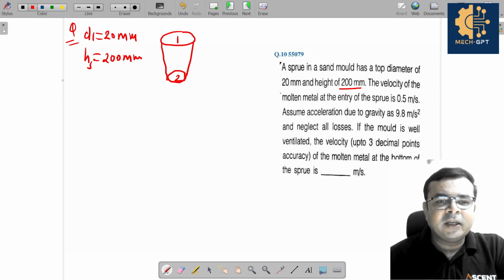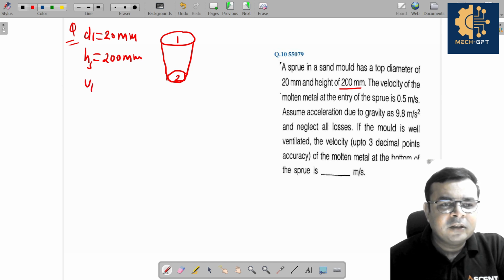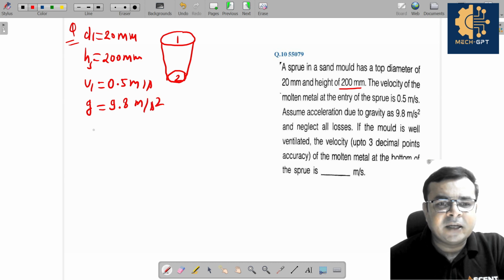The velocity of the molten metal at the entry of the sprue, that is velocity at 1, is equal to 0.5 meter per second. Assuming acceleration due to gravity g is 9.8 meter per second square, and neglecting losses, if the mold is well ventilated, the velocity up to 3 decimal of the molten metal at the bottom of the sprue is?